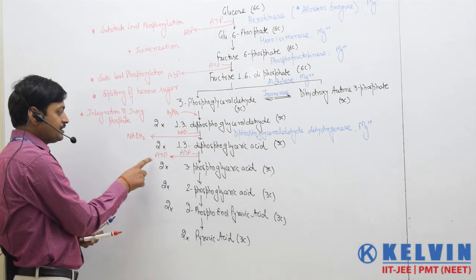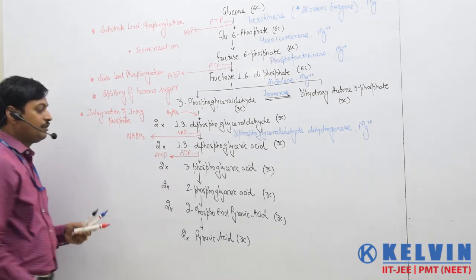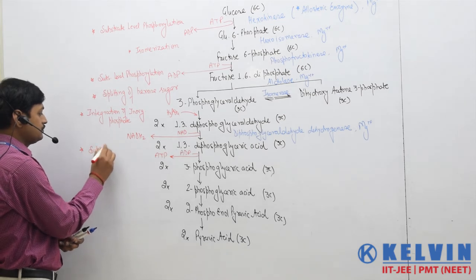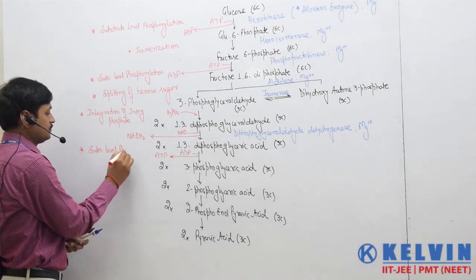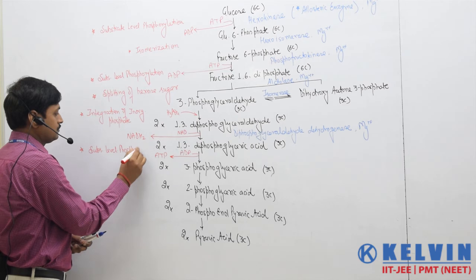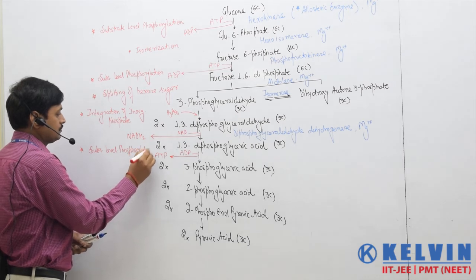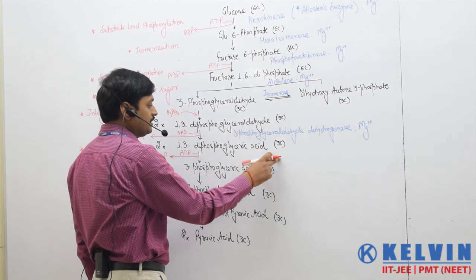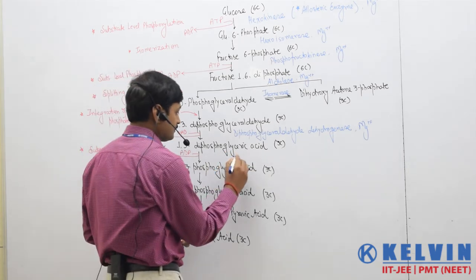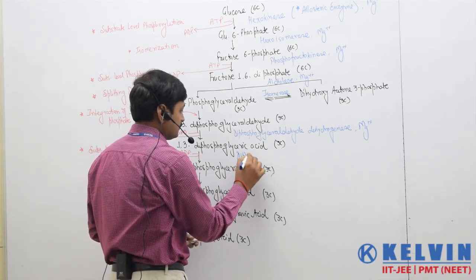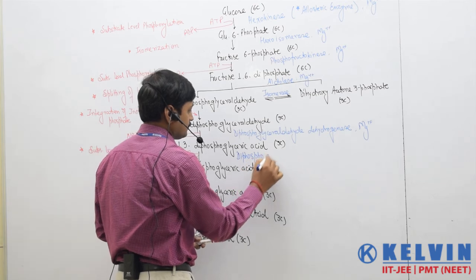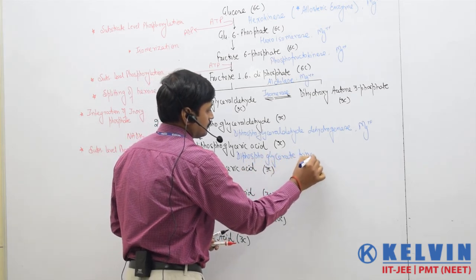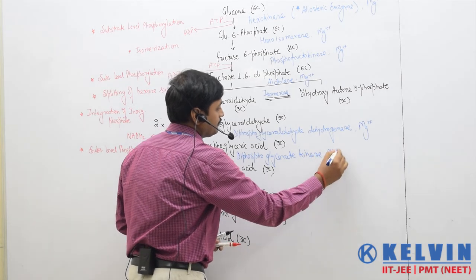This reaction is also substrate level phosphorylation. Again the enzyme will be diphosphoglycerate kinase. The activator is the same, Mg2+.